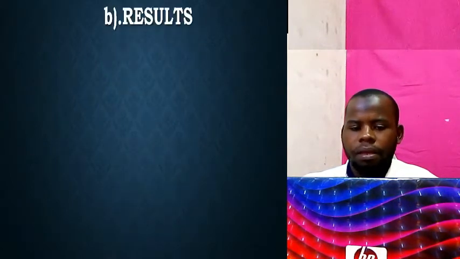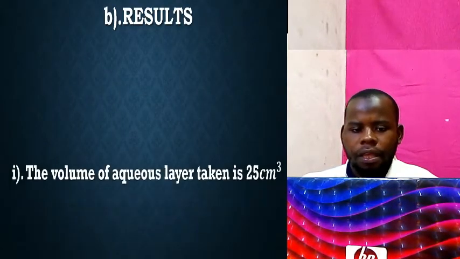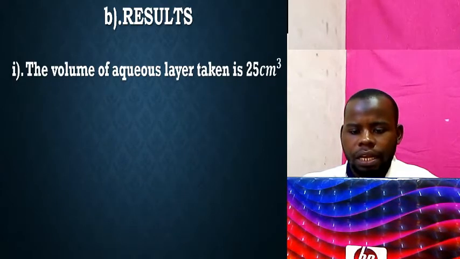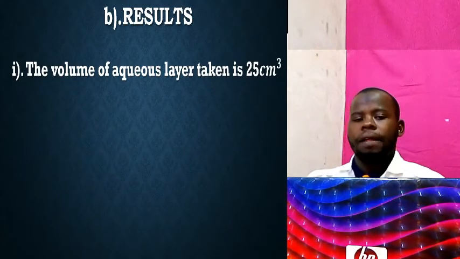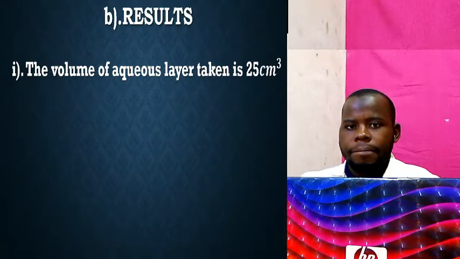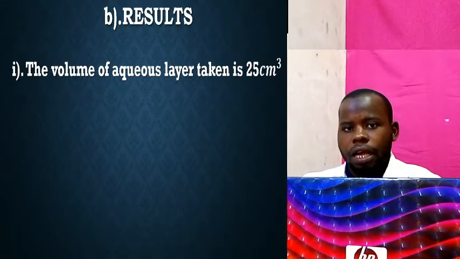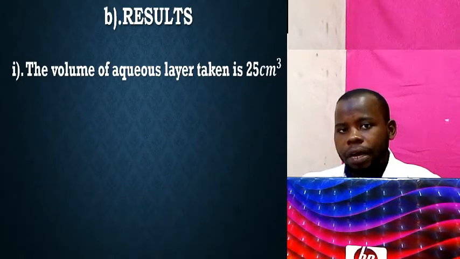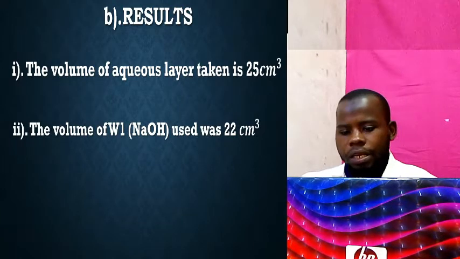I think we have seen the experiment performed. Let's proceed to remember the results. The results were in the aqueous layer. After lowering the aqueous layer, the lower layer, we measured 25. We put it in a conical flask and then we performed titration. The result was 22.